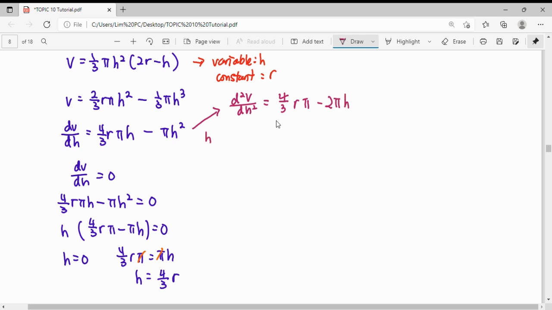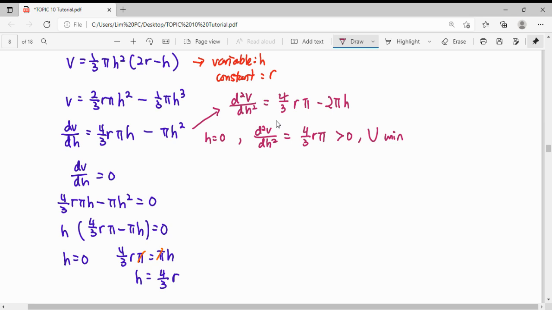So we will substitute h equals 0. When h equals 0, we get 4 over 3 pi. It is positive. When it's positive, the second derivative test is about concavity. Positive will be concave upward, so this is a minimum case.